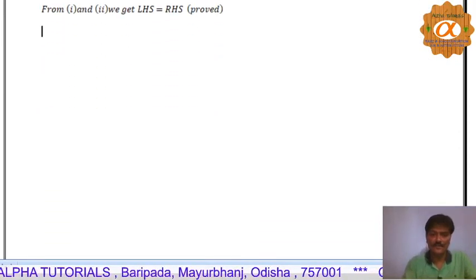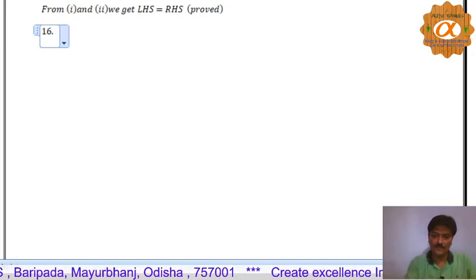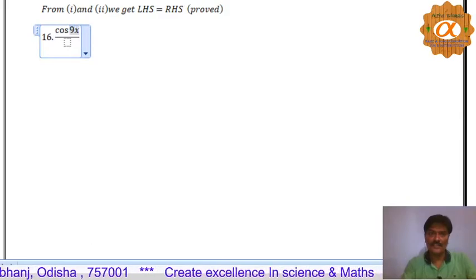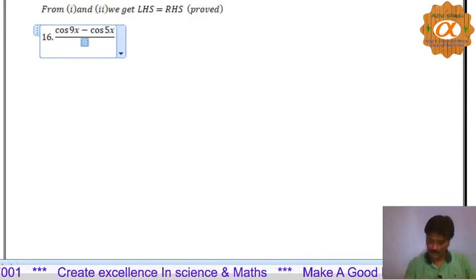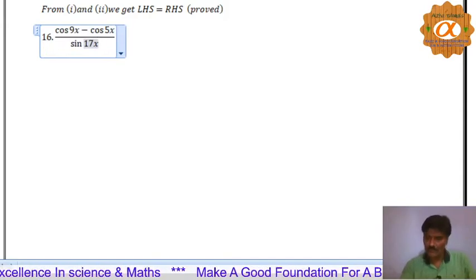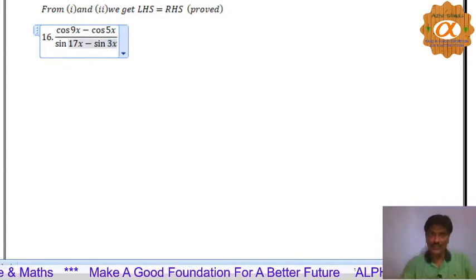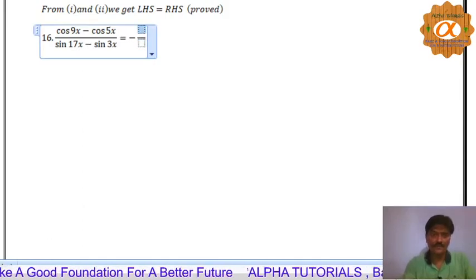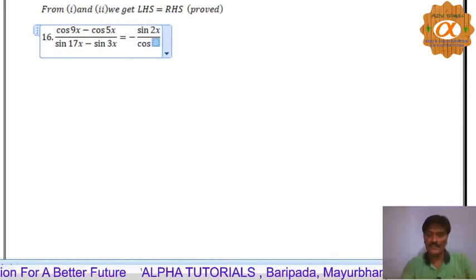Question number 16. Okay, it is a question of fraction: cos 9x minus cos 5x by sin 17x minus sin 3x is equal to minus sin 2x by cos 10x.